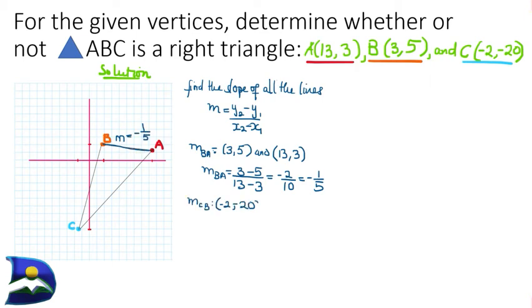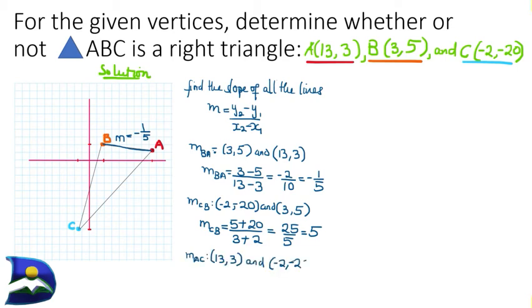And for line CB, we have the coordinates of those points. If you express those as the algebraic expression, we figure out the slope of CB to be equal to 5.